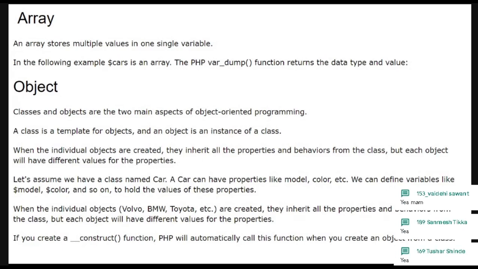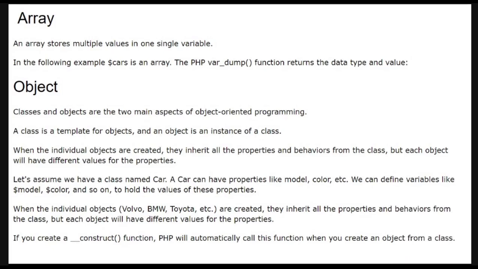Okay. Now the next thing is the object. So what is an object? An object is a data type that not only allows storing data but also information on how to process that data.